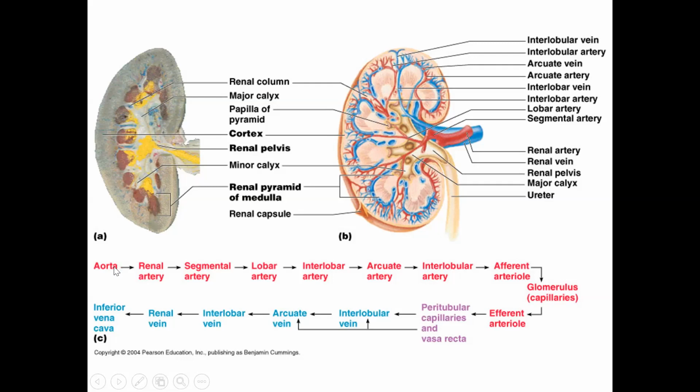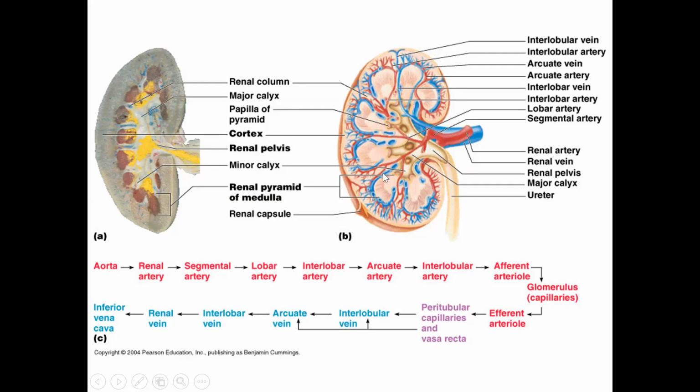Arteries branch out from the aorta to form the renal artery in the abdominal cavity and get into the segmental artery. Then remember we took this one out, right? The segmental artery branches out to form interlobar arteries, which are in between the renal pyramids.